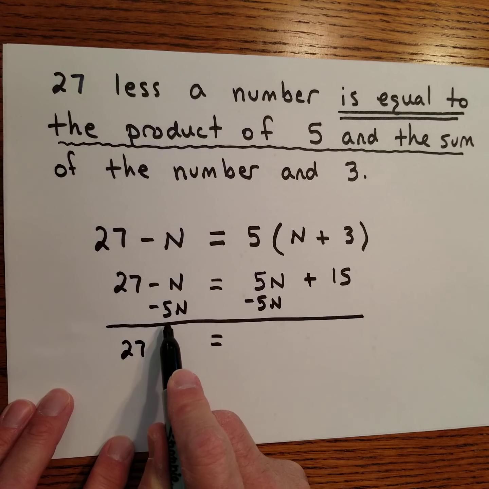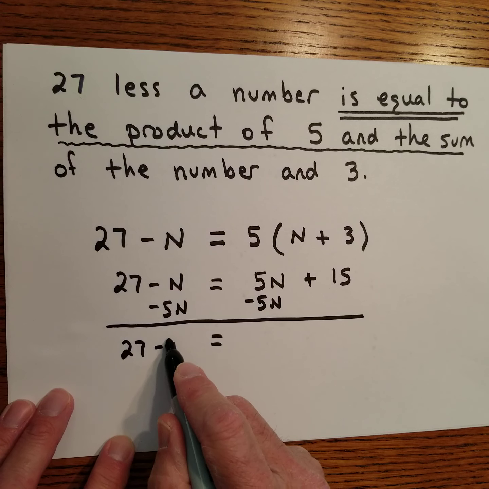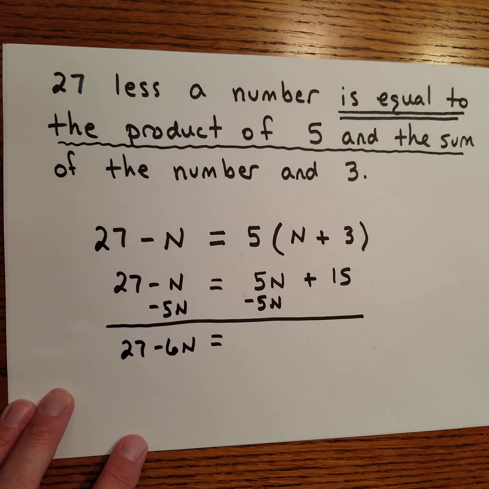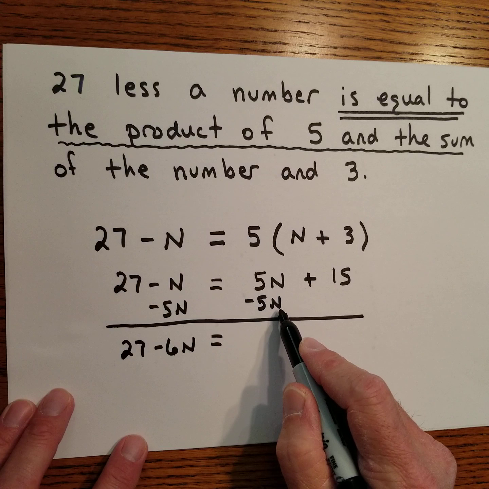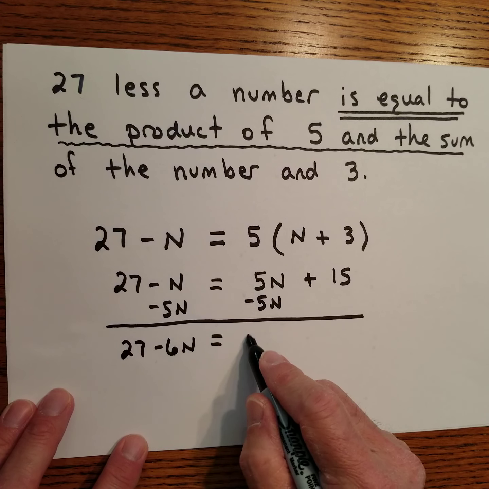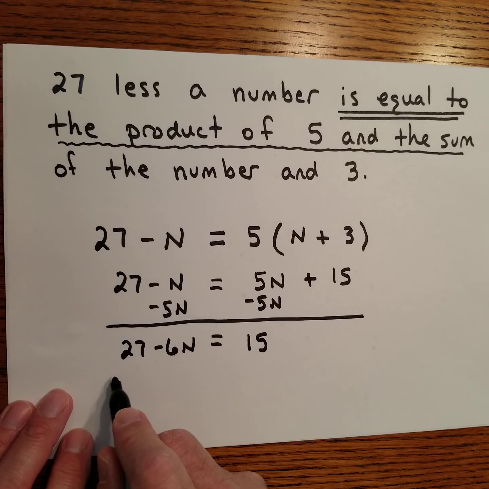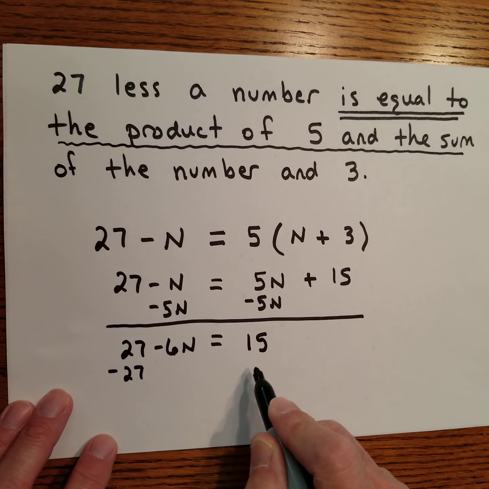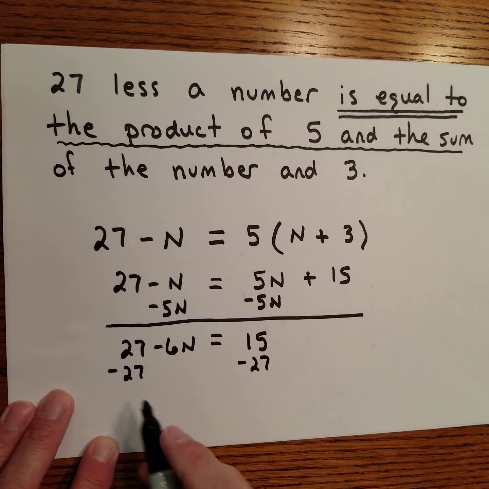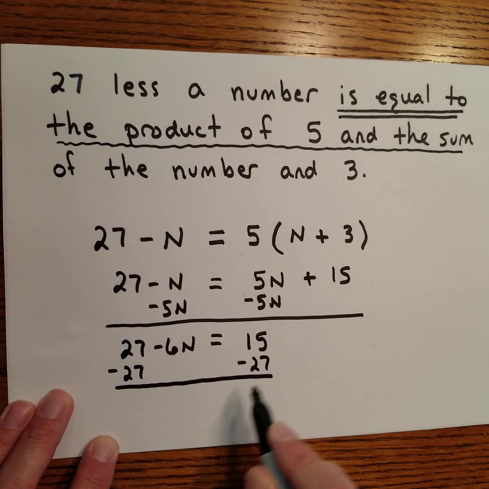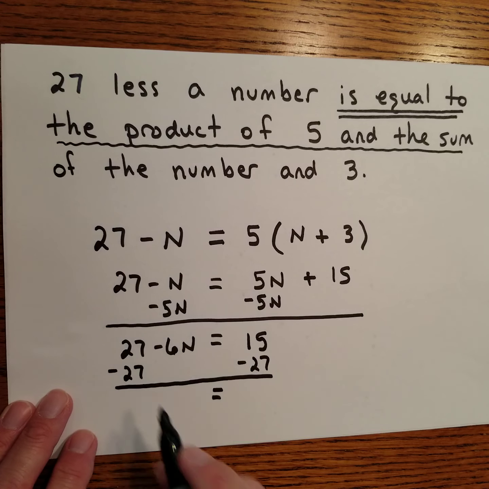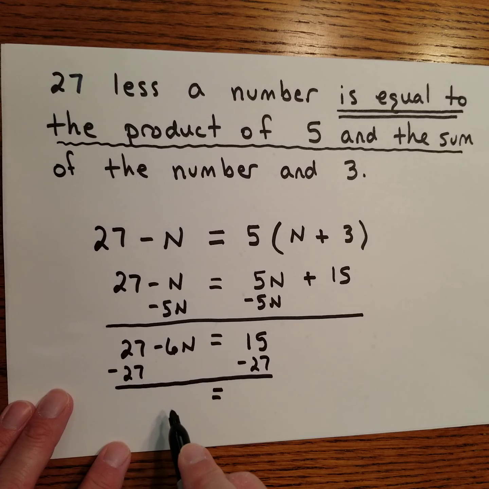This is negative 1n, and negative 5n is negative 6n. 5n and negative 5n is 0. We'll copy the 15. Now get rid of that 27 by subtracting 27 from both sides. 27 minus 27 is 0.